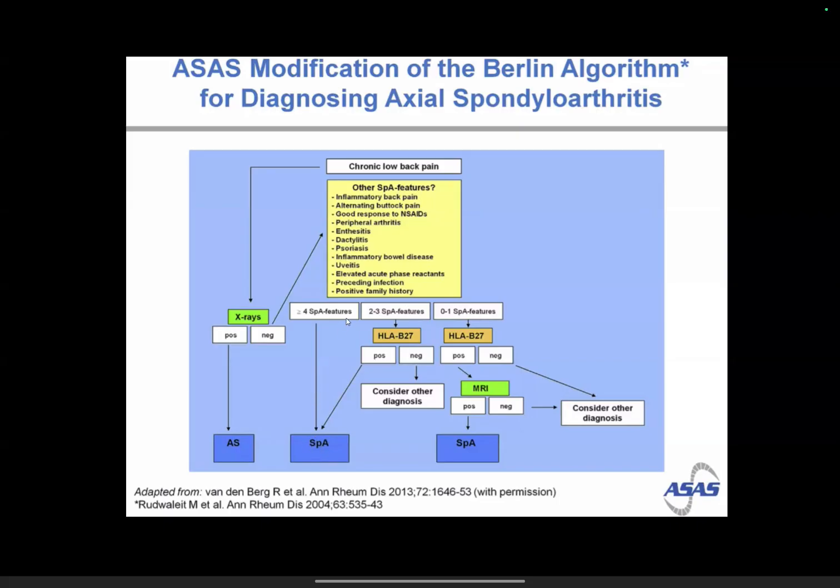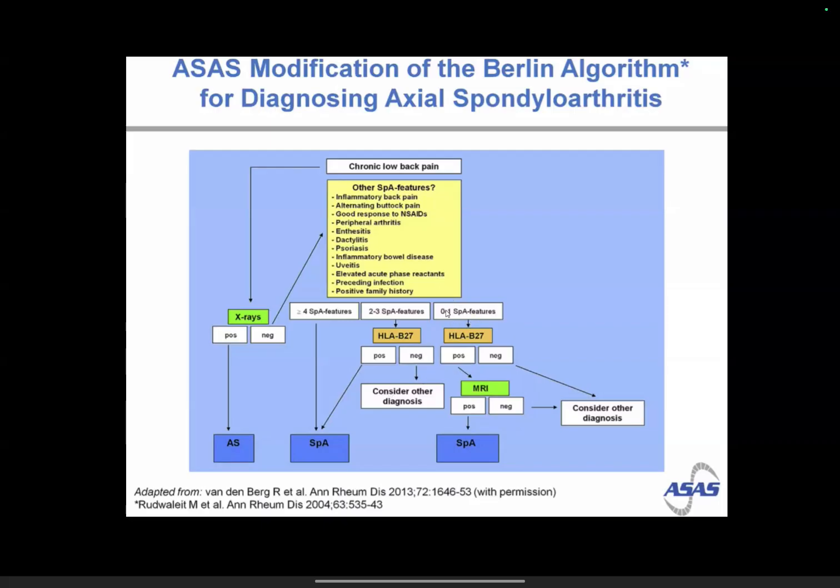Now, the borderline cases. If there are 2 to 3 SPA features present, then the next thing that comes to saving us is HLA-B27. So if HLA-B27 is positive with 2 to 3 SPA features also, it is a SPA. If HLA-B27 is negative, then other diagnosis or peripheral arthropathies could be considered.